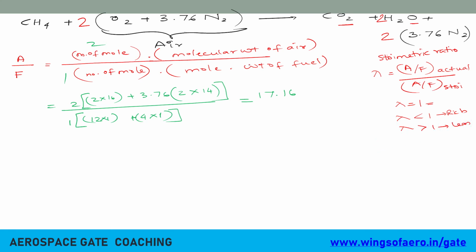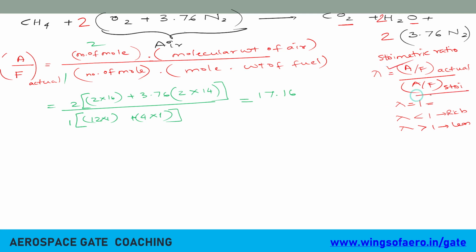Now from this question you can find the stoichiometric ratio. After this simple balancing, the outcome is the actual air to fuel ratio. That means the value 17.16 is your actual air to fuel ratio.